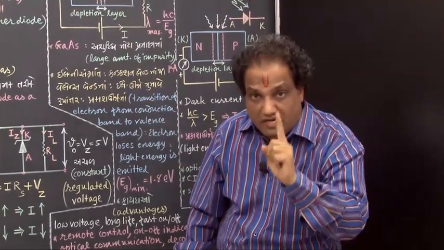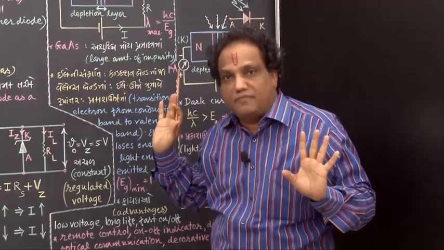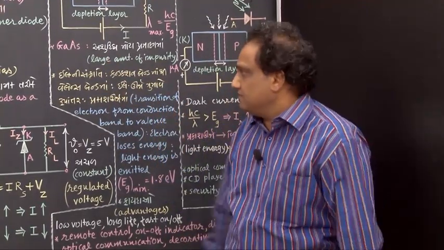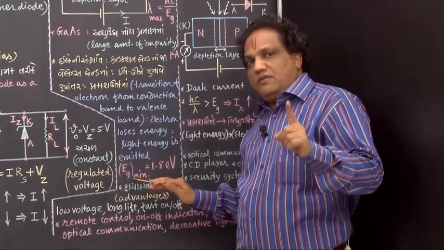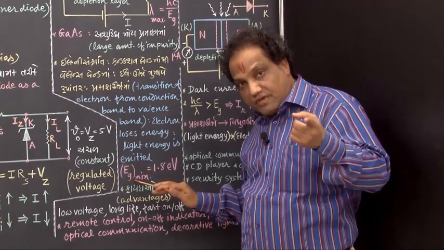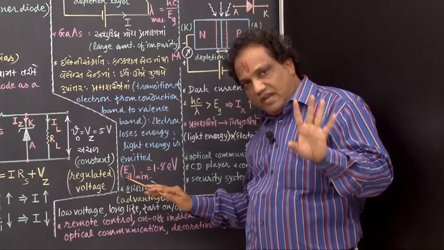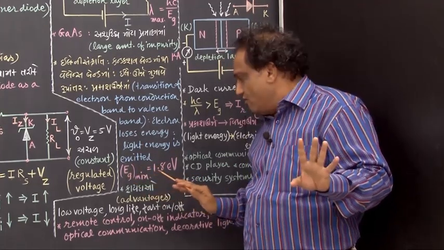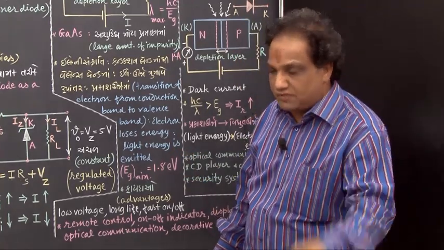So, if you want intense light to be emitted, you should use such a PN junction diode, correct? Now, for light emitting diodes emitting visible light, the minimum band gap energy is observed to be 1.8 electron volt.